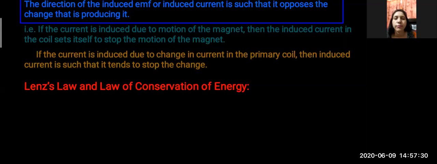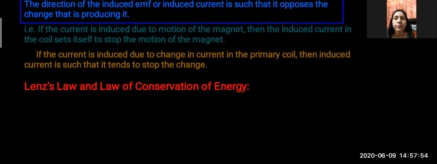So we have seen that when magnetic flux through a closed loop changes and induced current is set up in it, the observation may lead to the conclusion that electric current has been created out of nothing, but it is not so. It is essentially a transformation of mechanical energy into electrical energy.